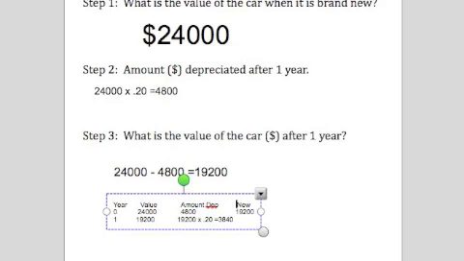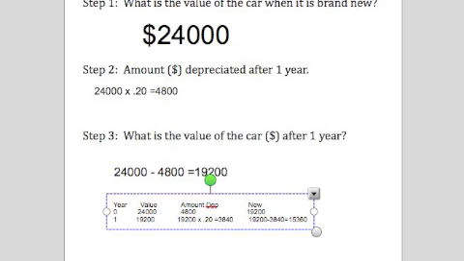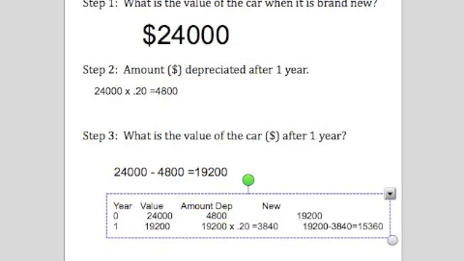To find the new value of the car after 1 year, we need to take the current value, which in this particular case is $19,200, and subtract the amount that is depreciated, and that's $3,840. So the new value of the car is going to be $15,360. All right, let me make that a little bigger so you can see it.